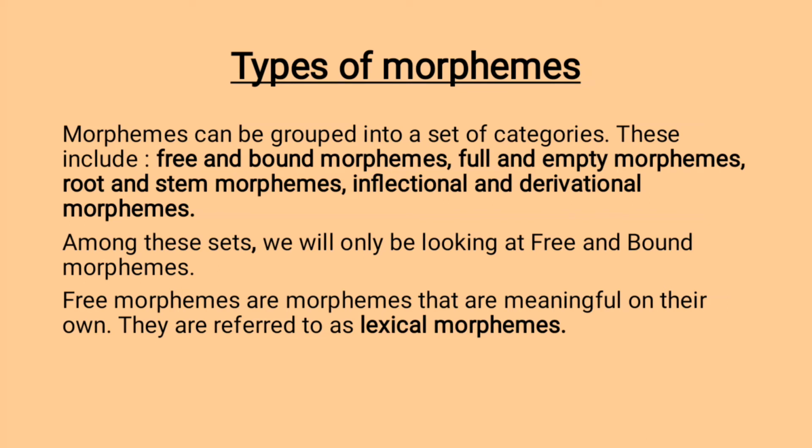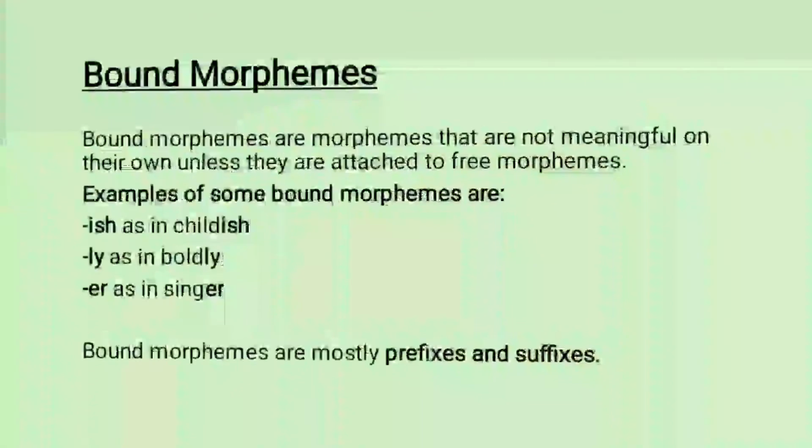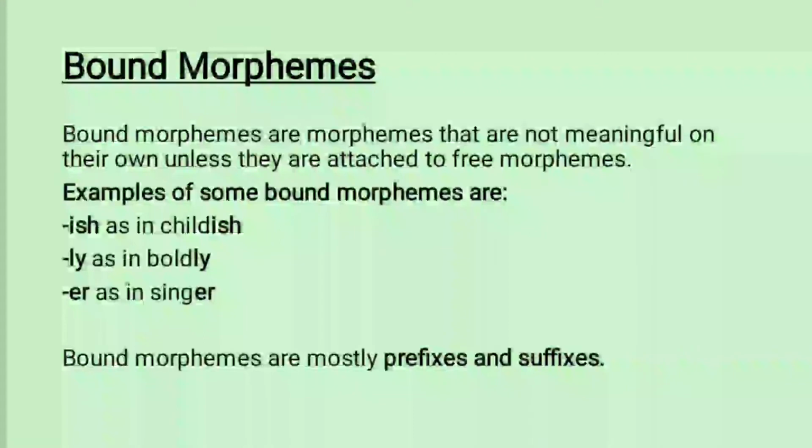Free morphemes are morphemes that are meaningful on their own. They are referred to as lexical morphemes. On the other hand, bound morphemes are morphemes that are not meaningful on their own unless they are attached to free morphemes.